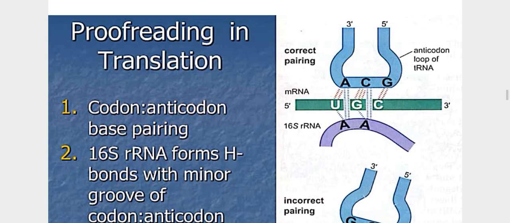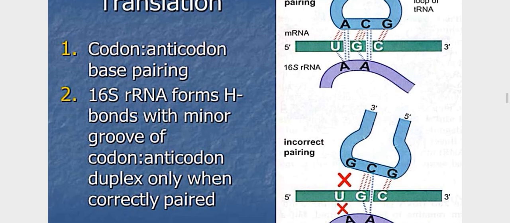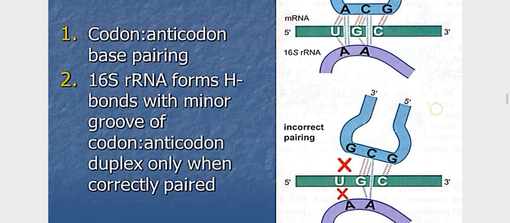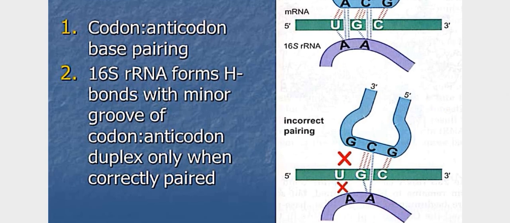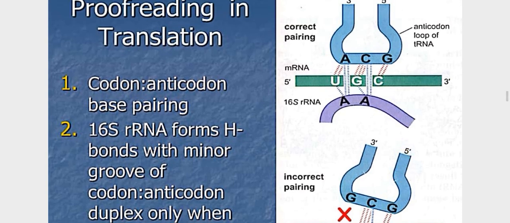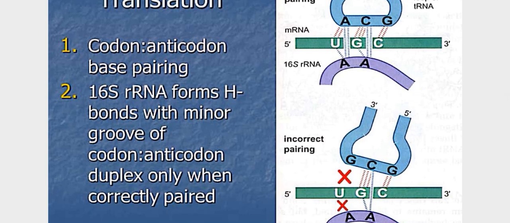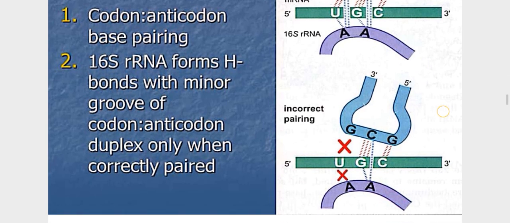Proofreading in translation: codon-anticodon base pairing. 16S rRNA forms H bonds with the minor groove of the codon-anticodon duplex only when correctly paired. Then mRNA, 5' and 3' region, correct pairing, anticodon loop of tRNA, incorrect pairing, shown here.